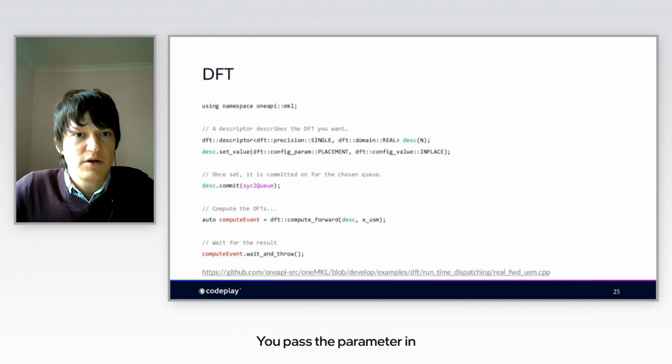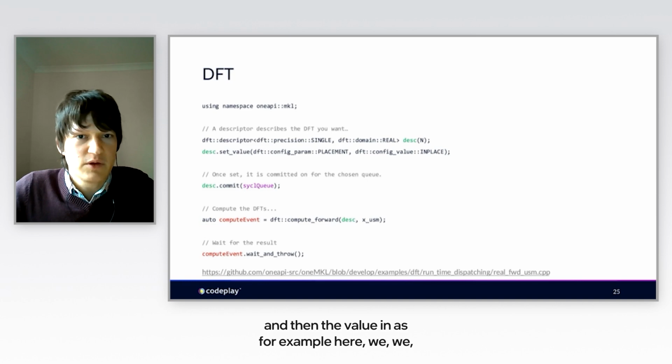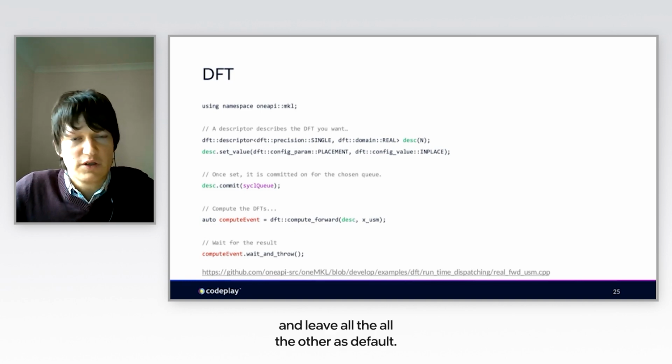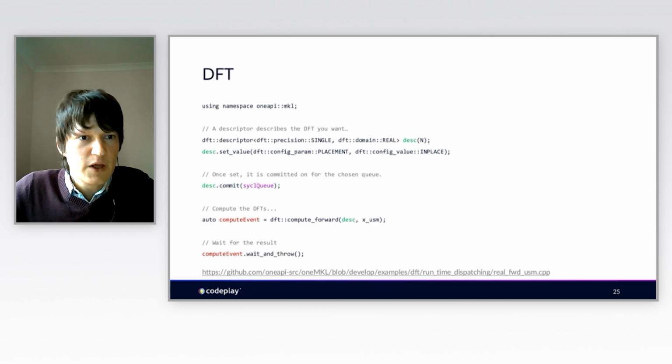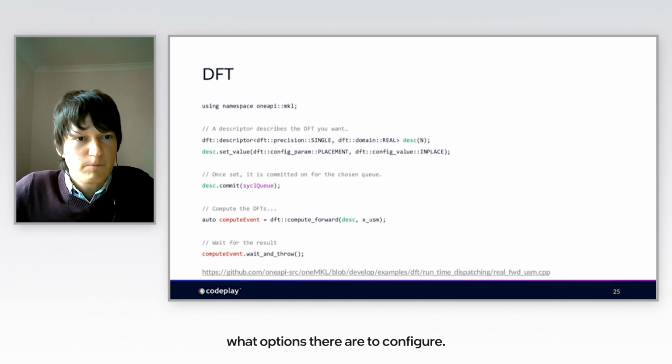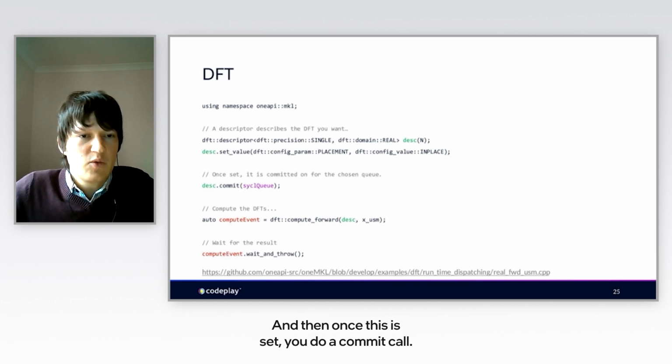You pass the parameter enum and then the value enum. As for example here, we say in place, and leave all the other as default. You can look up in the documentation and the API specification what options there are to configure, and then once this is set, you do a commit call.